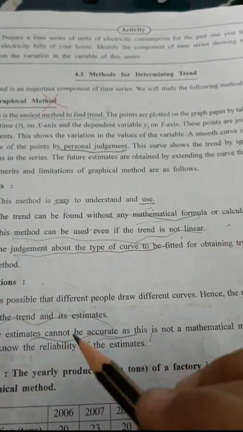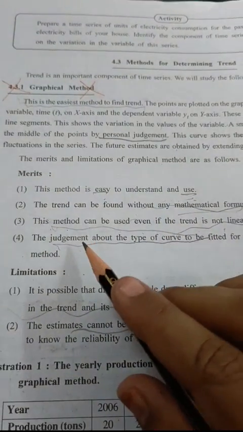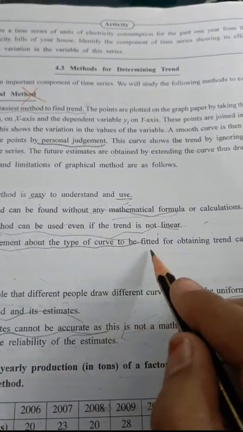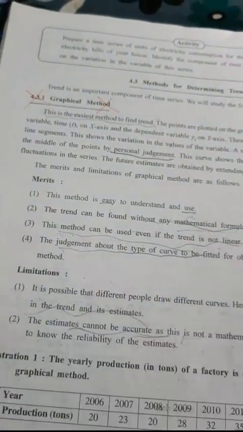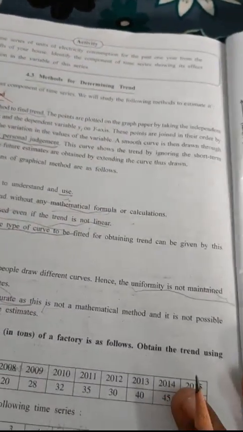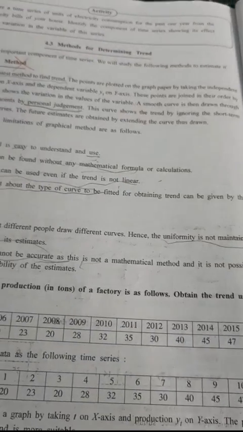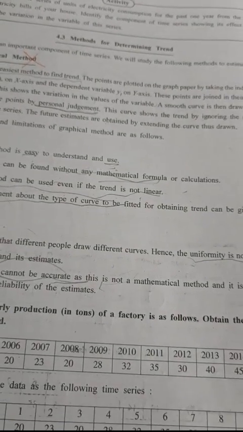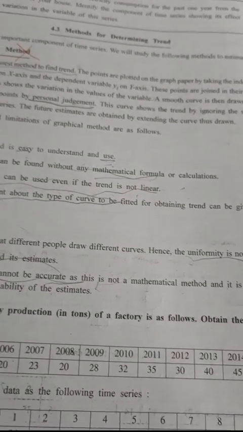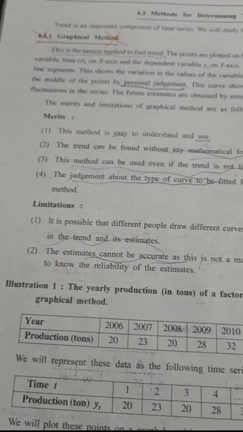The judgment about the type of curve to be fitted for obtaining the trend can be given by this method. We can identify how long the changes were taking place, whether it is a loss or a profit.